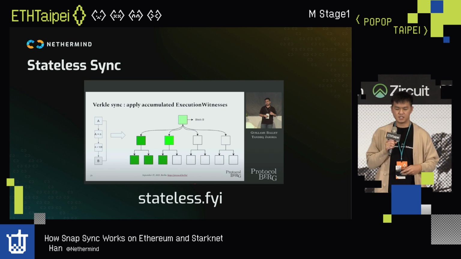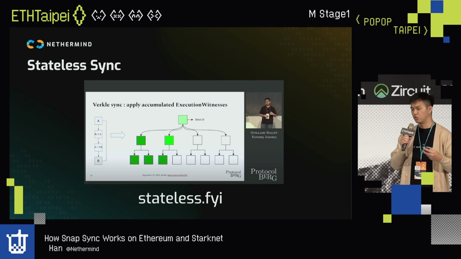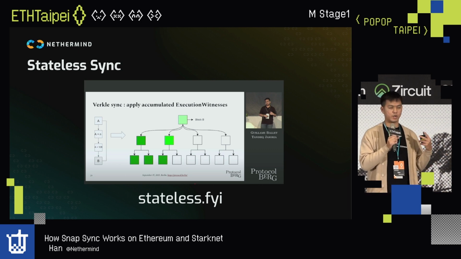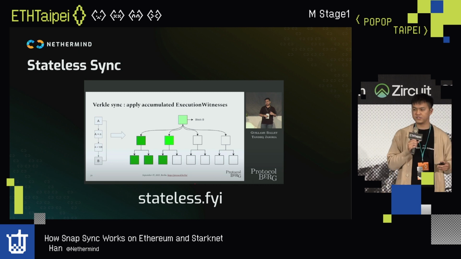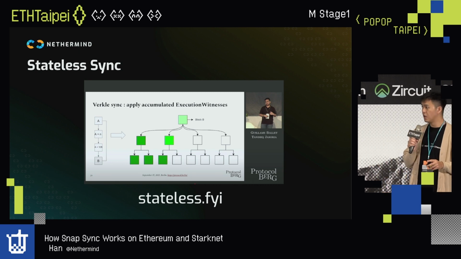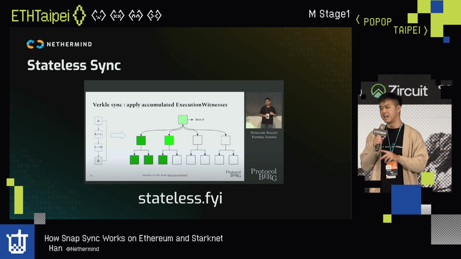Why is that so? It's because in the future on Ethereum, if we actually go with the roadmap, the blocks will contain proofs, or what we call witnesses, to prove that the state changes given in this block are valid. So that means, again, a block is a single execution unit, so we don't need the state anymore.